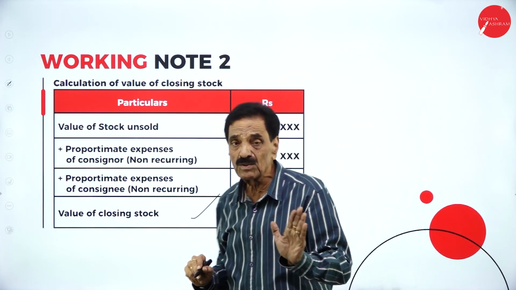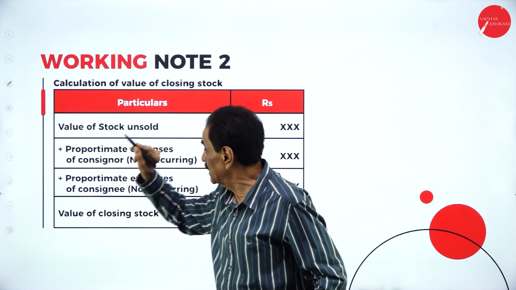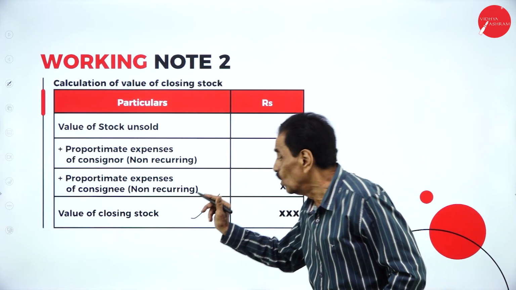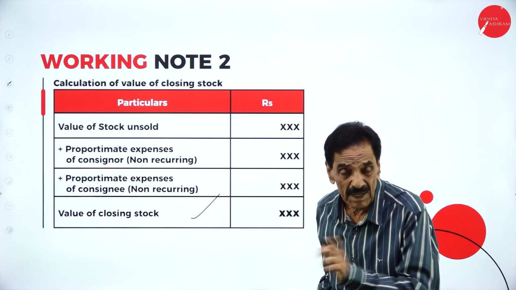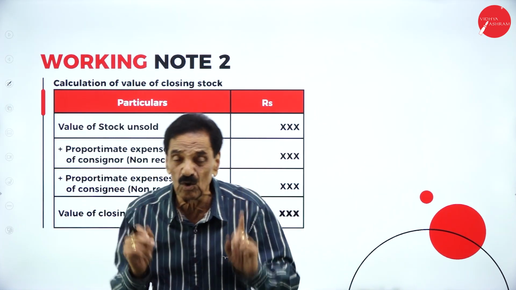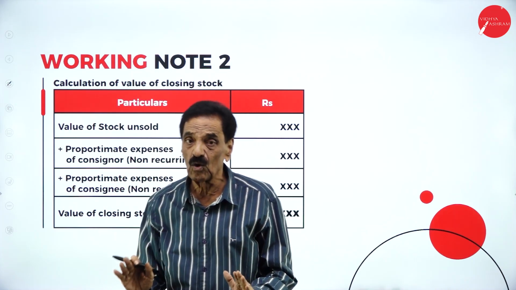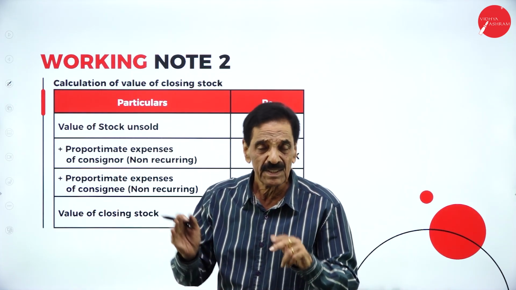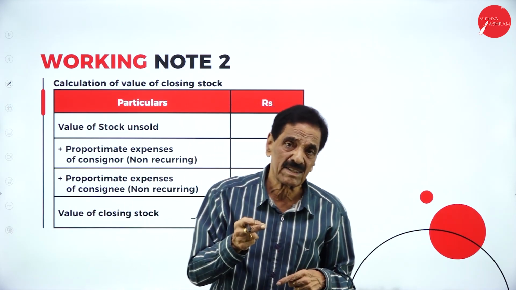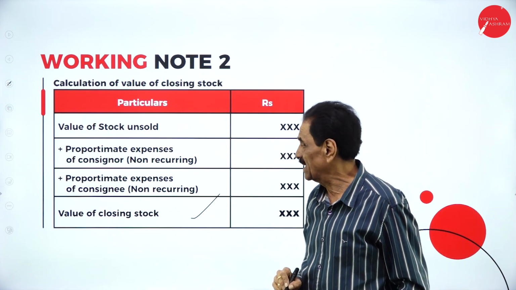In abnormal loss, we won't take the consignee expenditure. Here, for closing stock, we have to take consignor expenditure and consignee expenditure, only non-recurring. Recurring expense should not be taken. What is non-recurring? I told you so many times. Loading, unloading, packing charges, carriage on purchase, insurance, octroi, dock dues, and freight charges should be taken into consideration.